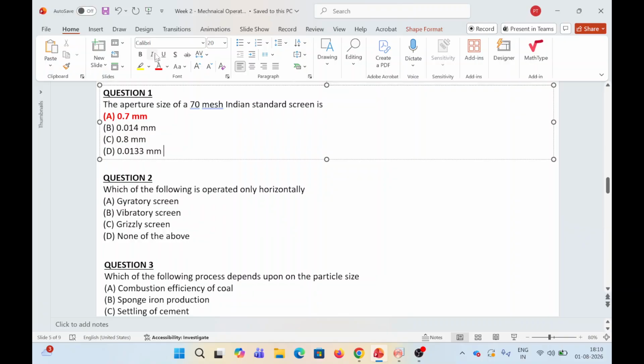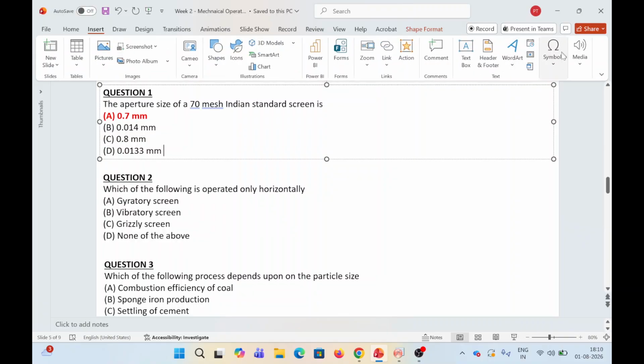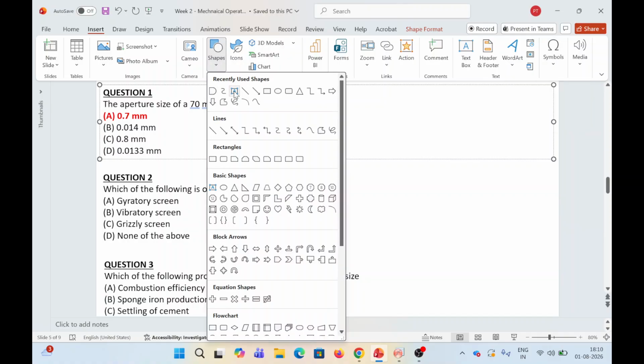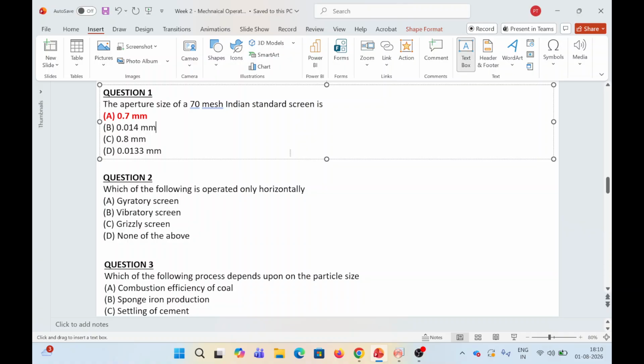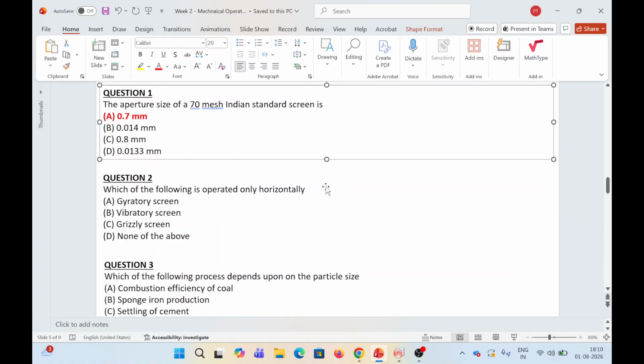So basically the calculation goes something like this. So it says a deca of a micron, right? So a deca micron is 10 power minus 5 meter.